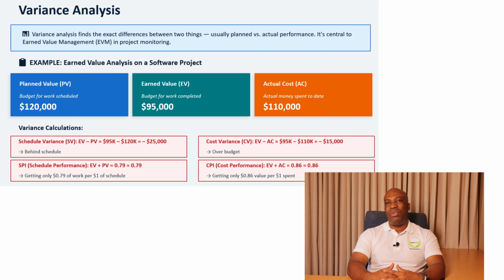Then the other variance that you have has to do with cost, where you have the earned value minus your actual cost. And then if you want to see the cost performance index, you have your earned value divided by the actual cost. So variance analysis is also very important when it comes to project management analysis.